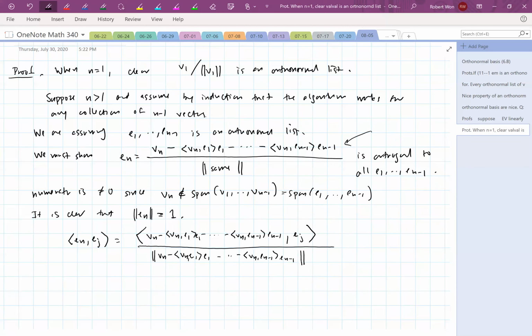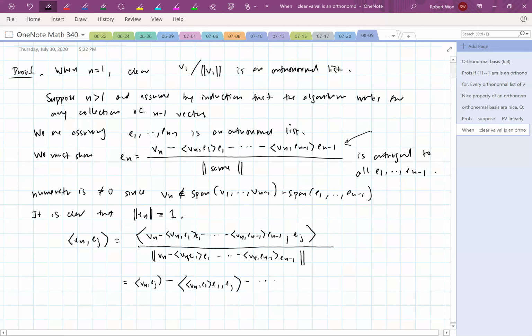Okay, now the inner product is linear in the first coordinate, which means that I can break up this inner product over the subtractions. So you get the inner product of vn with ej minus, so that's the first term, the inner product of vn with e1 times the inner product of e1 with ej, minus all the way to the inner product of vn with en minus 1 times the inner product of en minus 1 with ej, over the denominator.